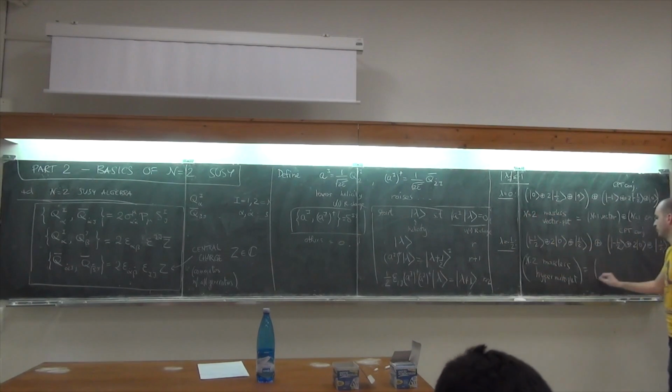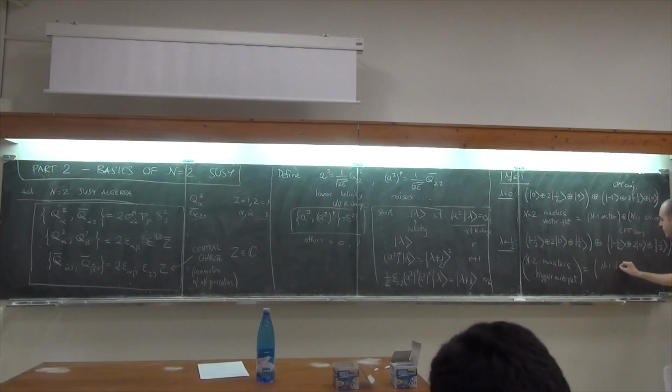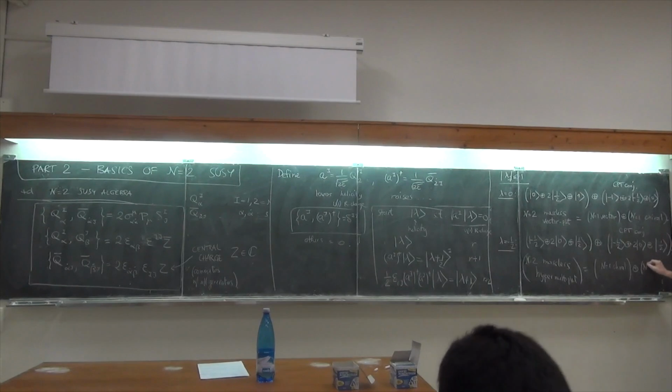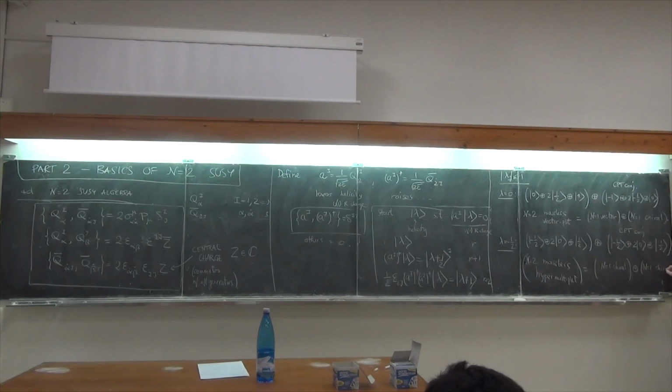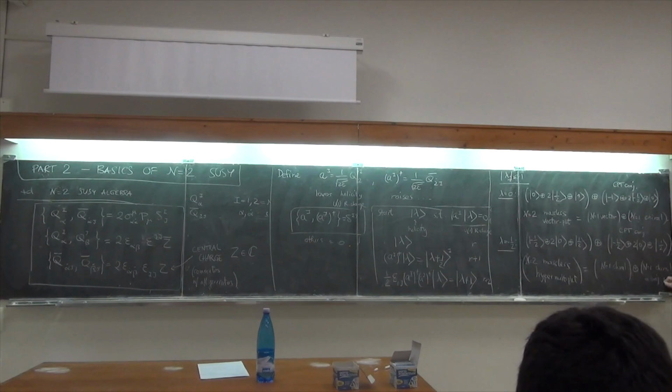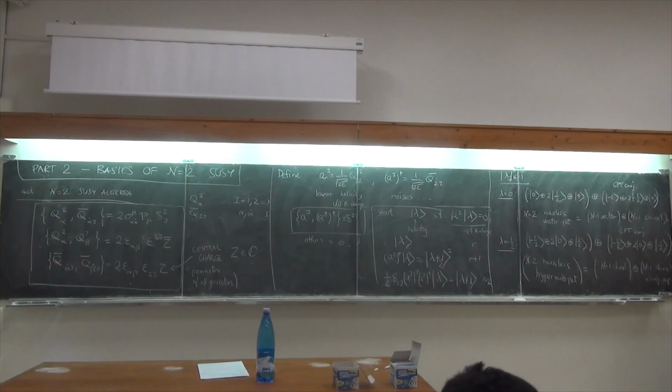It decomposes into an N=1 chiral multiplet plus another N=1 chiral in a conjugate representation, because this is the CPT conjugate. Here I'm talking about representations under gauge or global symmetry.